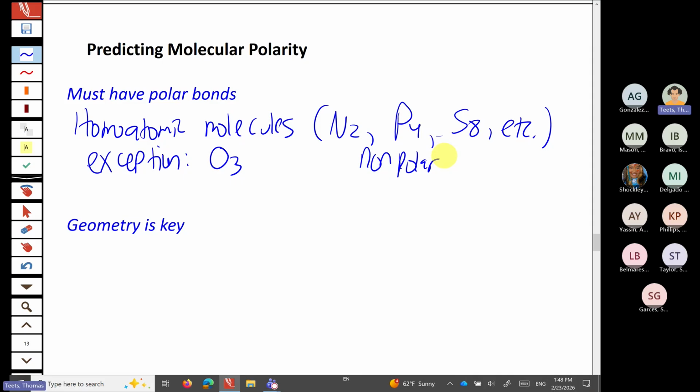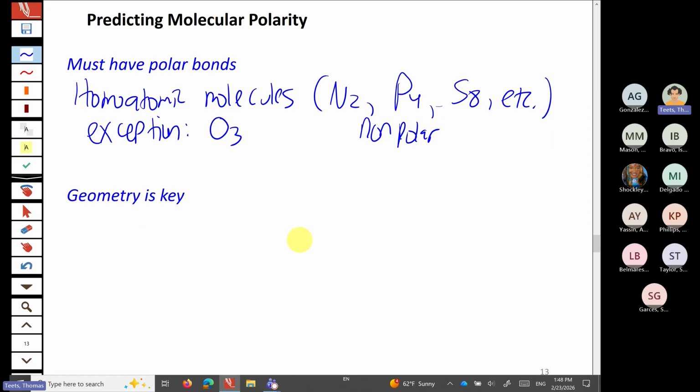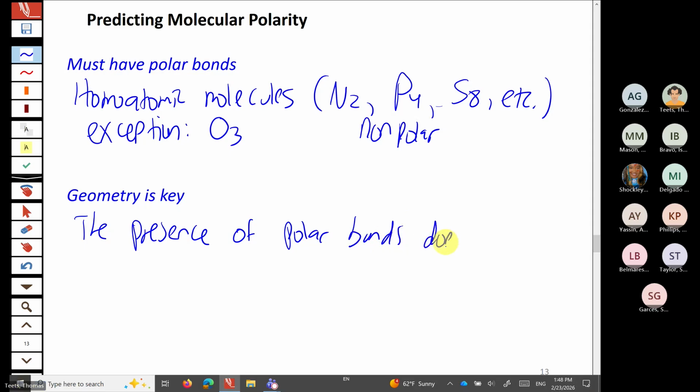Now, beyond that, in the cases where you can't just look at the formula and tell, you also have to consider the geometry. So if there's more than one type of atom in the formula, you have to look at the geometry as well. And so again, the idea is that just because the bonds are polar doesn't mean the whole molecule will be polar.